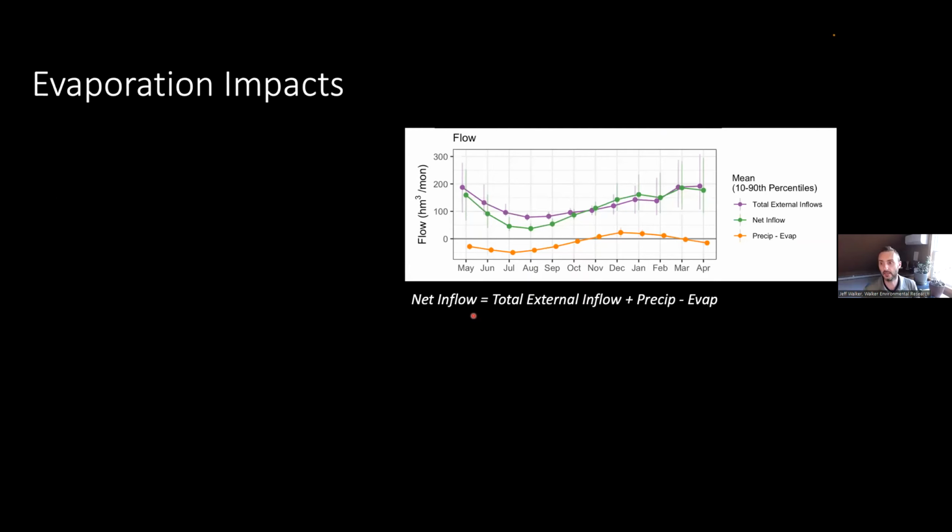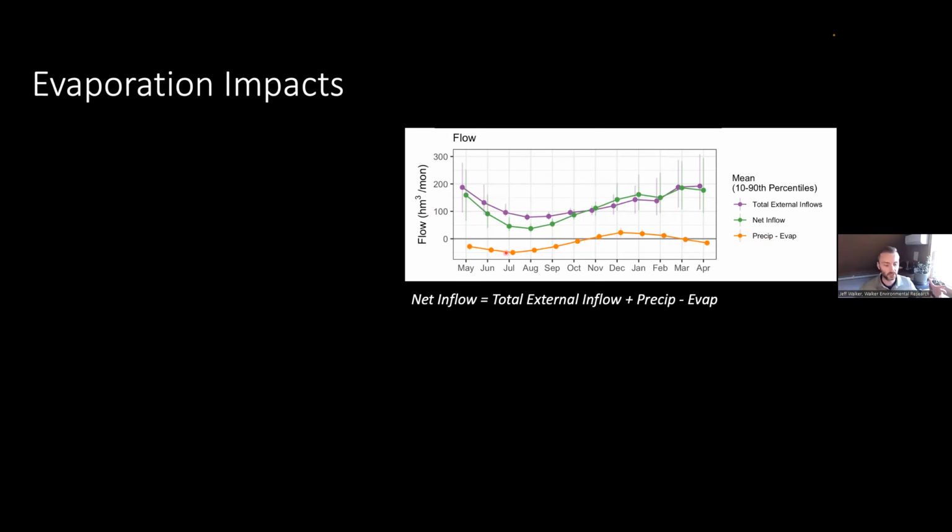If we look, again on a seasonal basis, the purple line here is the long-term average total inflows. The orange line is the net difference between precip and evap, which in the summer is all evaporation, since there's really no precipitation. In July, there's about 100 million cubic meters of inflow water, but about 50 million cubic meters of water lost due to evaporation.